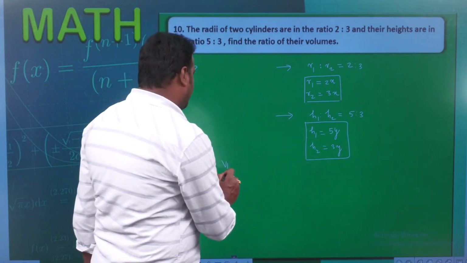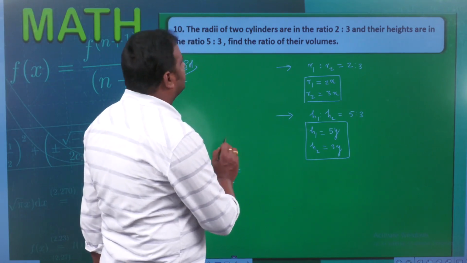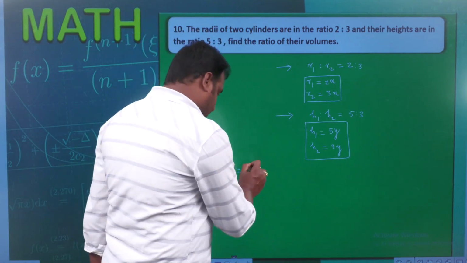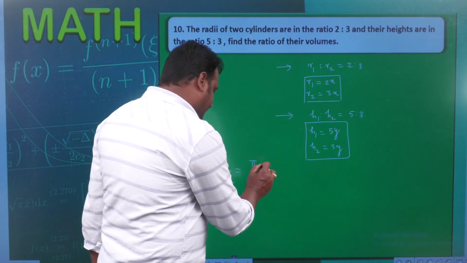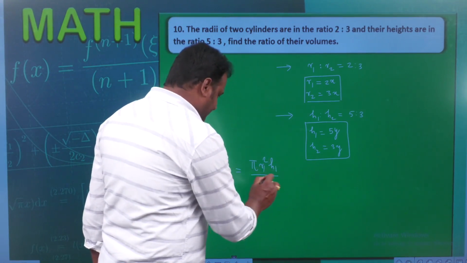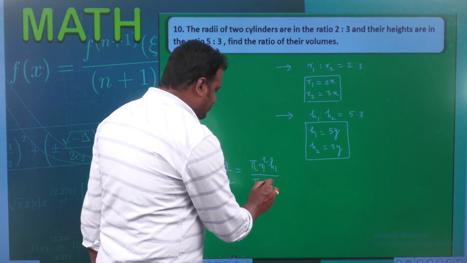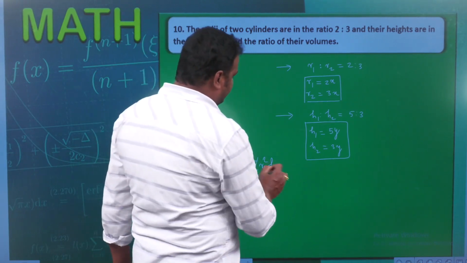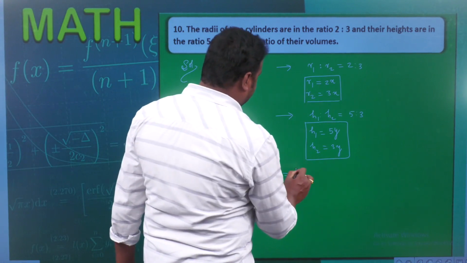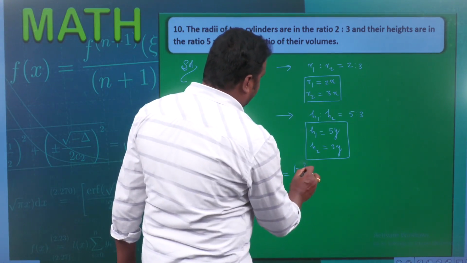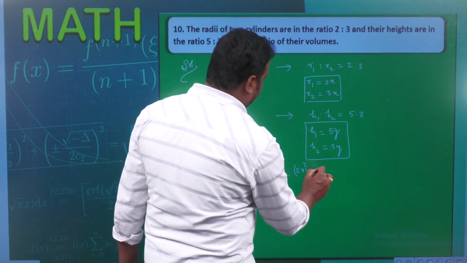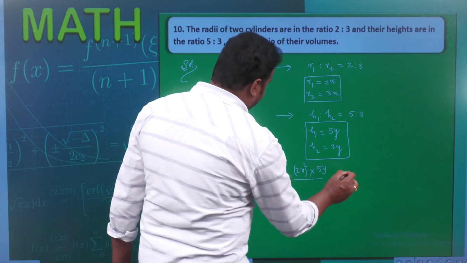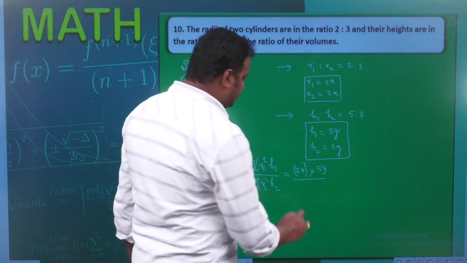So volume 1 by volume 2 of two cylinders is equal to pi R1 square H1 divided by pi R2 square H2. Pi and pi gets cancelled. R1 is equal to 2x. So 2x whole square into H1. H1 is equal to 5y divided by R2 is equal to 3x.